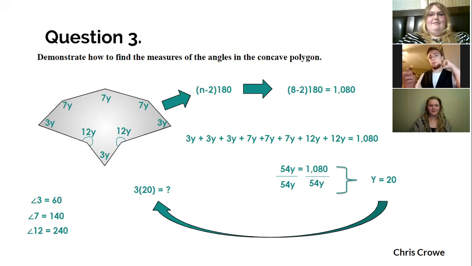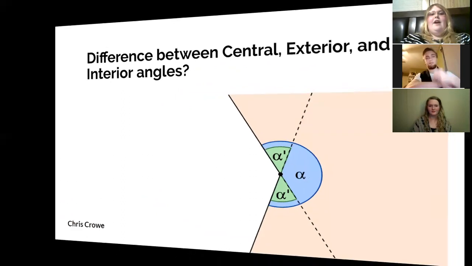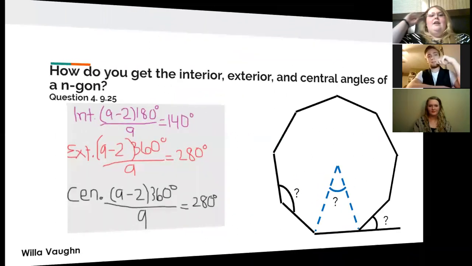So now I need to ask another question because I am once again confused. I need you to explain to me the difference between central, exterior, and interior angles. All right, that's a great question.